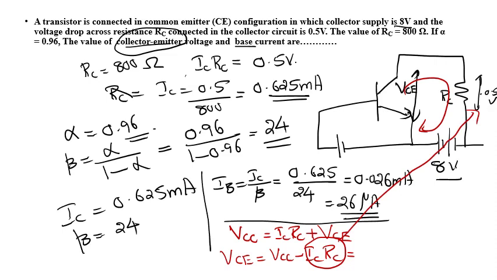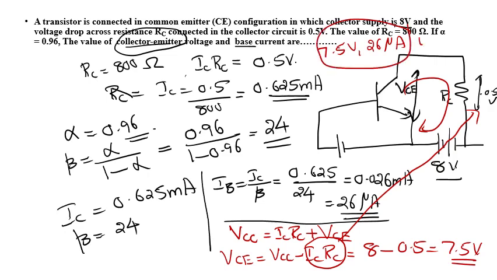So this is VCC equal to 8, ICRC is 0.5, so that is equal to 7.5 volt. So our answer to this question is 7.5 volt and 26 microampere. This is how we calculate such a problem.